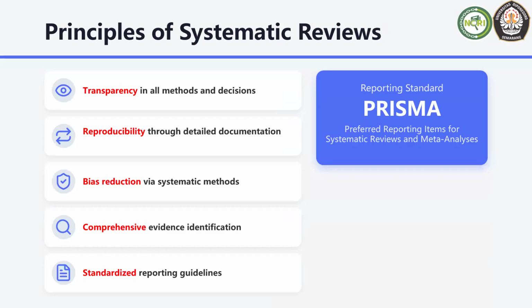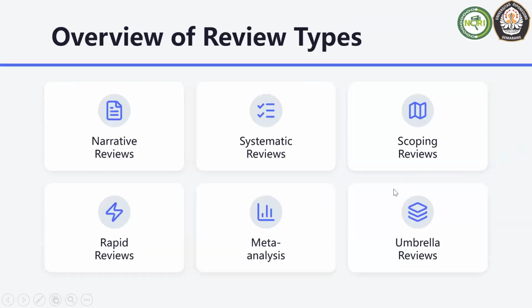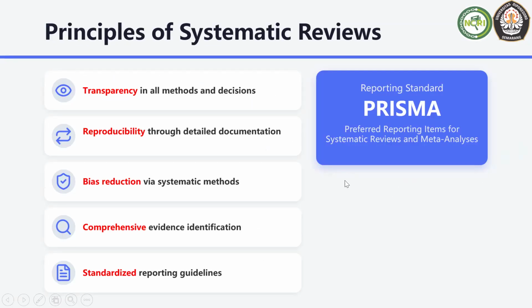Then comprehensive, in such a manner that whatever article talks about the research question should be extracted. You should be able to identify almost all the papers that talk about your research question. Those are some of the principles.